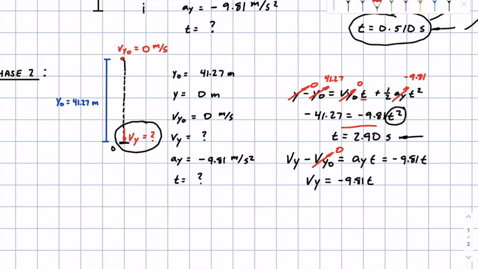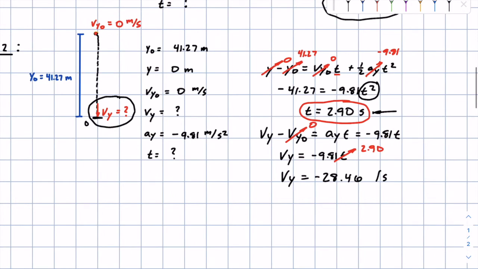And we know that time is right there, 2.90. So that gives us the impact velocity of negative 28.46 meters per second. Sorry, my handwriting got a little messy right there, but that's just an M. All right. And I think that answers question B.